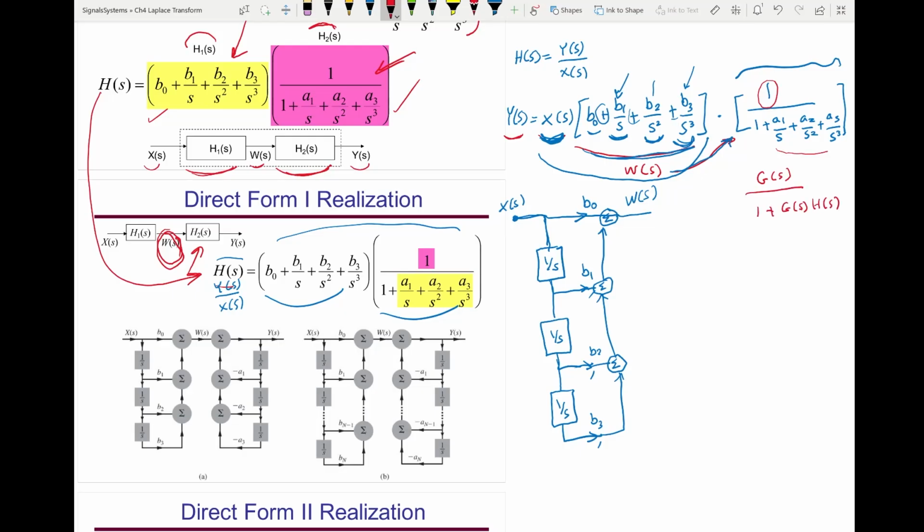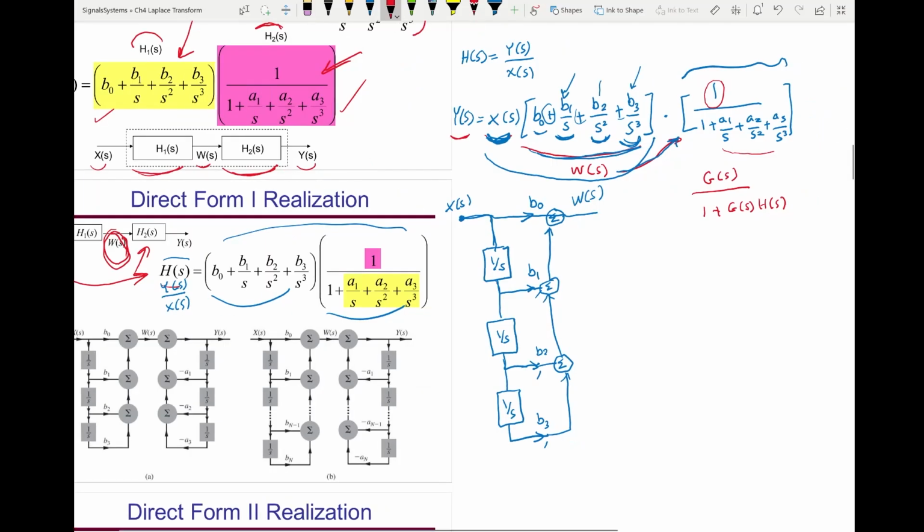And that is what we learned is the negative feedback here. That's G of s. So in this case, G of s is just 1. So that will be this 1 here. The negative feedback, H of s, is all this quantity. And that G of s is 1.